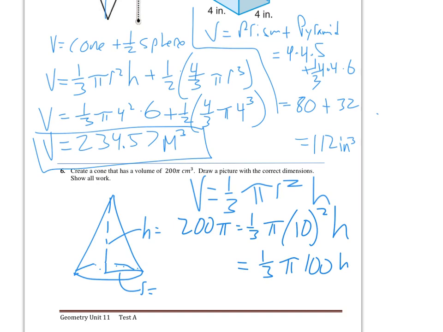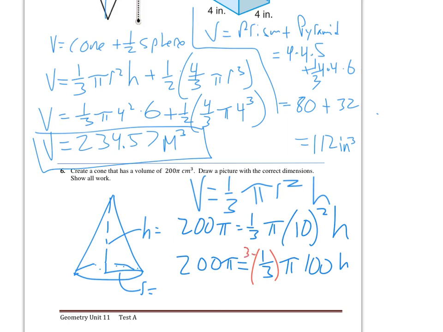Now, you could get decimals and divide by decimals, but probably your best bet here is, well, you know what? Let's get rid of this 1/3.